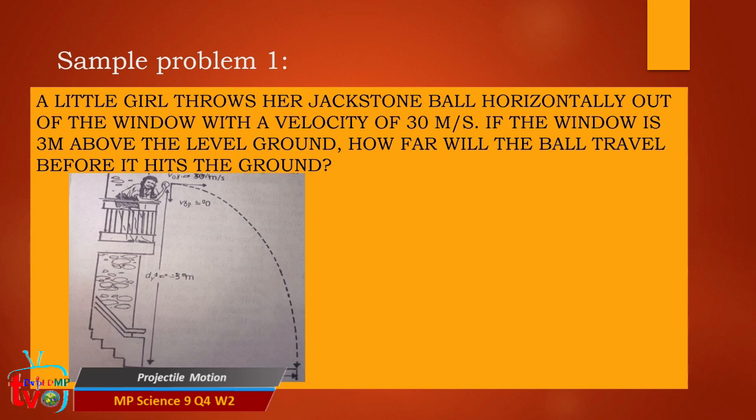So the little girl is there, holding her jackstone ball, and the initial velocity is 30 meters per second. That is the horizontal velocity, whereas the vertical velocity is 0 because the object was not yet moving downward.